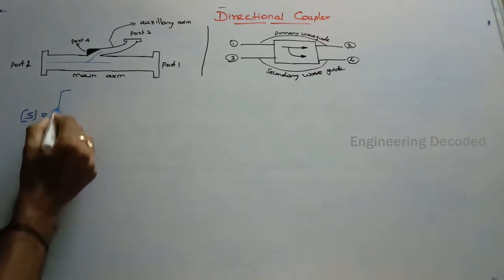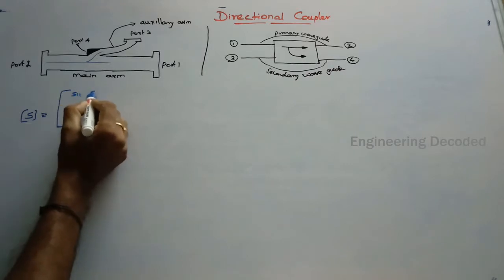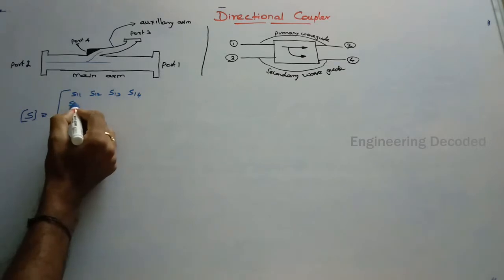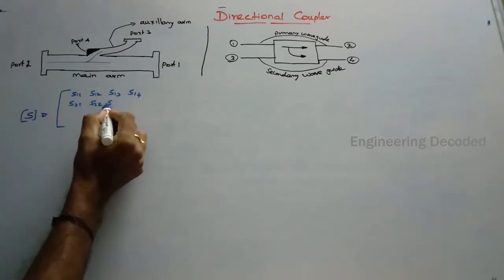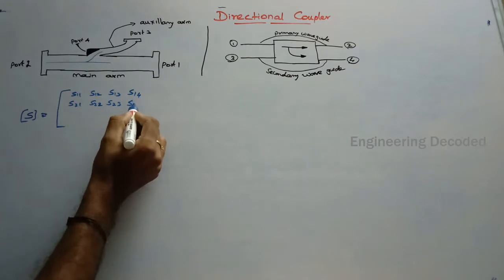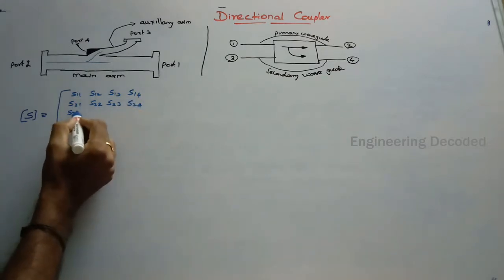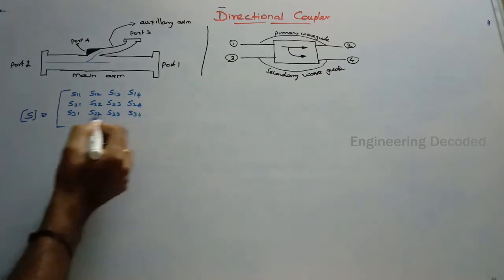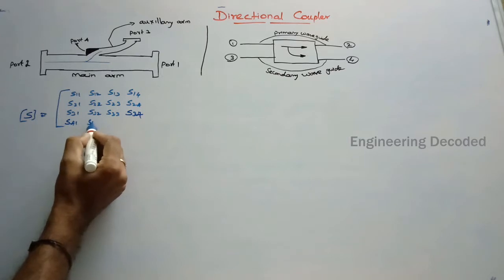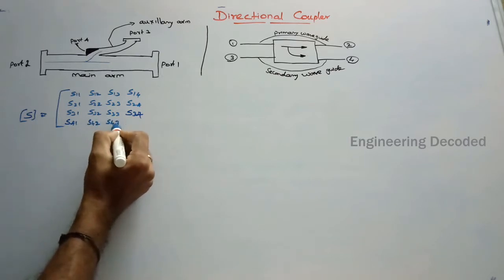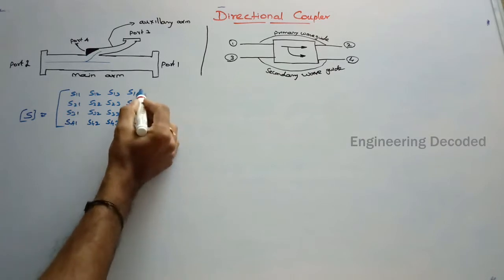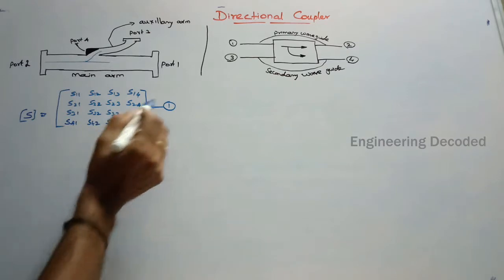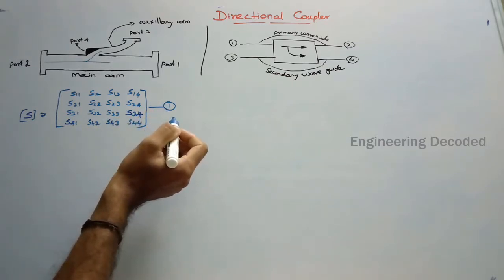So we can write S is equal to S11, S12, S13, S14, S21, S22, S23, S24, S31, S32, S33, S34, S41, S42, S43 and S44. So this is the S matrix for a directional coupler. We can write it as equation number 1.